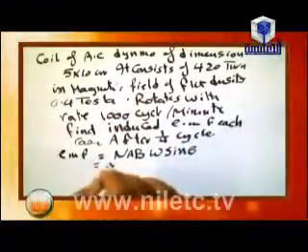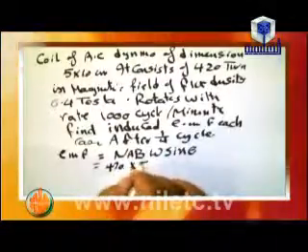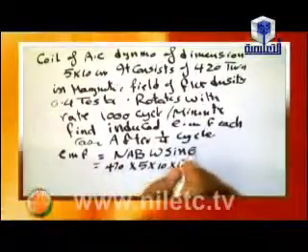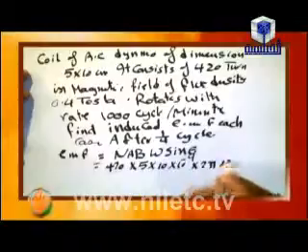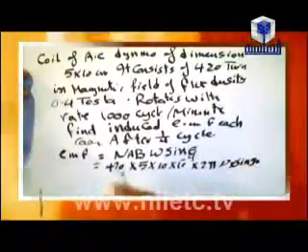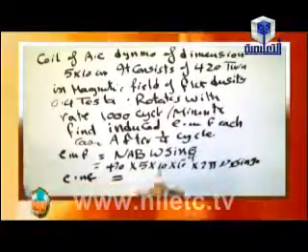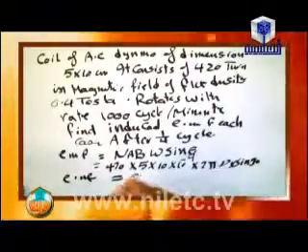N is 420 times area 5 times 10 to the power negative 4. Omega is 2 pi times nu, times sine 90. By using a calculator, EMF equals 88 volt.